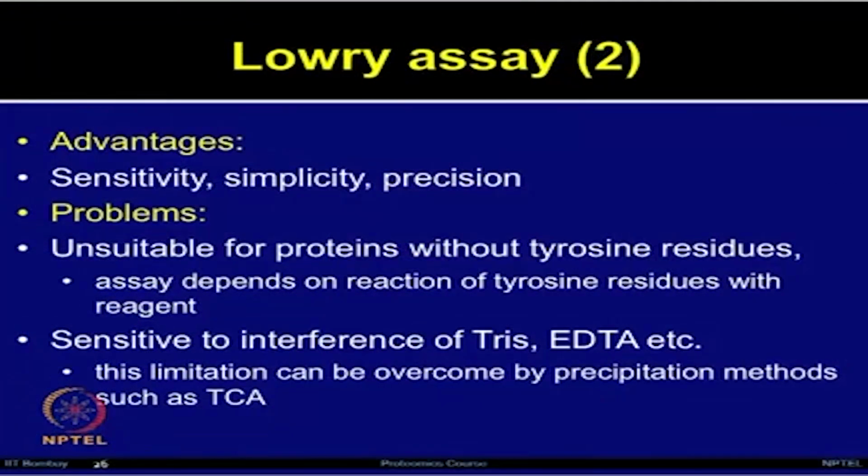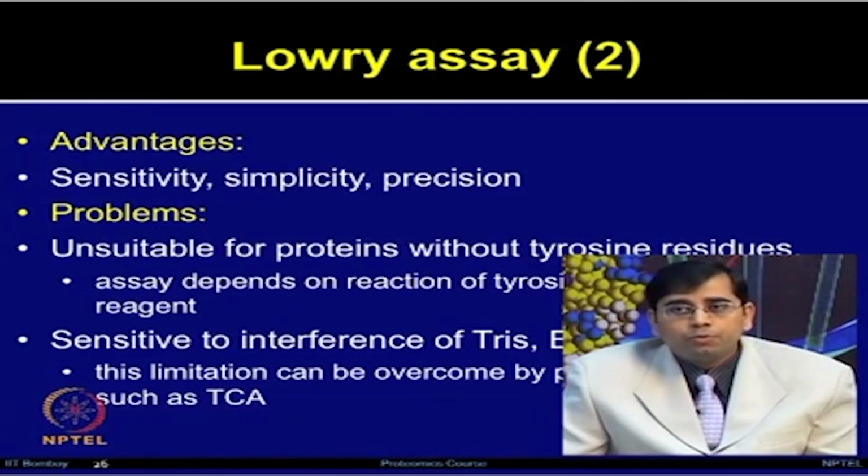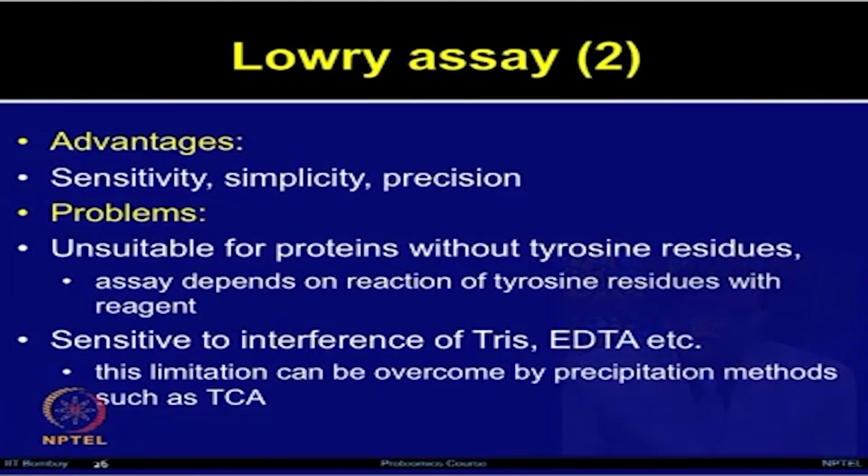One problem of using this assay is that it is unsuitable for proteins which do not contain aromatic residues such as tyrosines. This assay depends upon the reaction of tyrosine residues with the reagent. So, if you do not have tyrosine in your protein sample, then it will not be suitable.